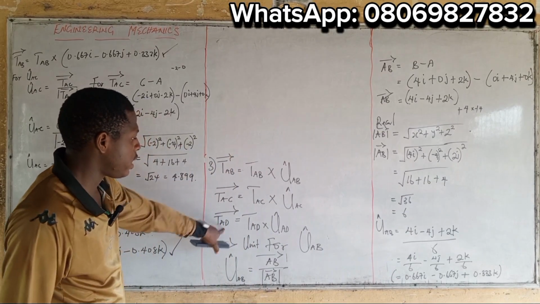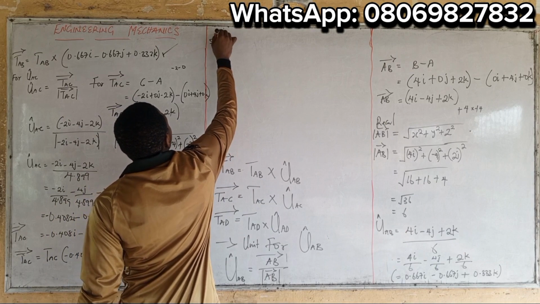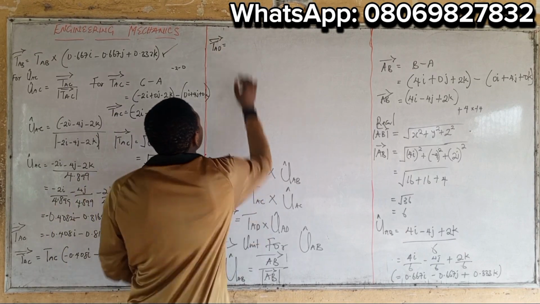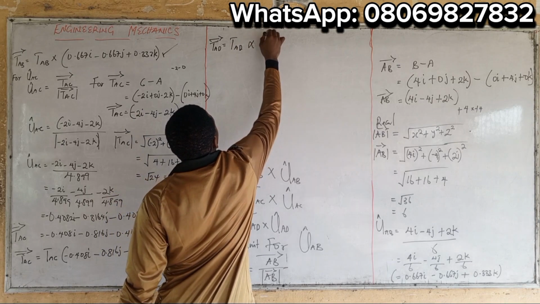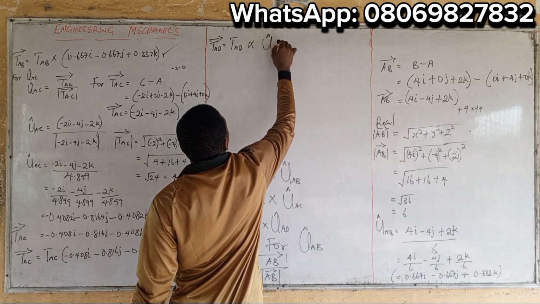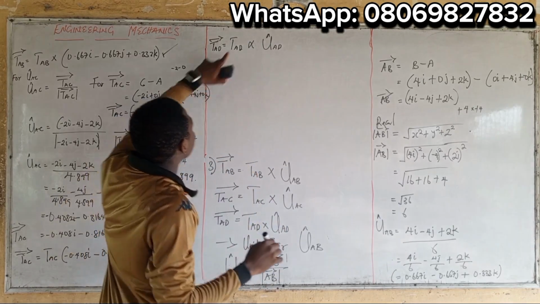The next one we have to get is tension AD. So we have tension AD to be TAD multiplied by the unit vector for AD.